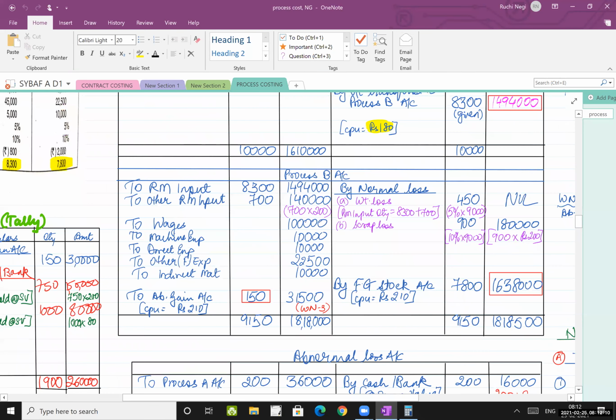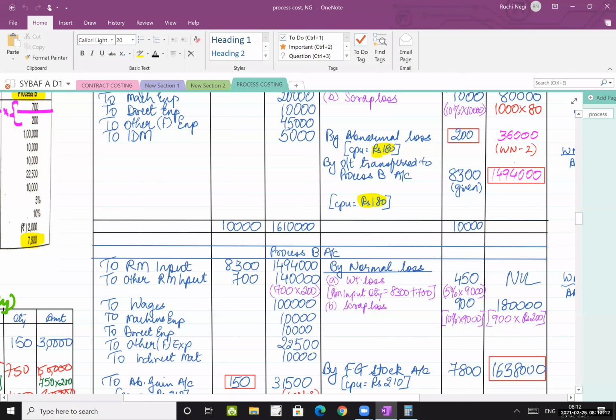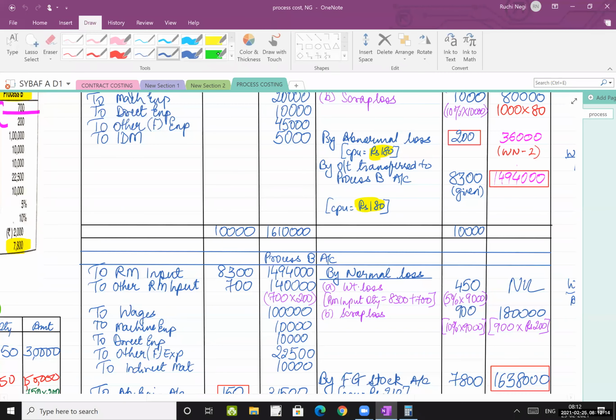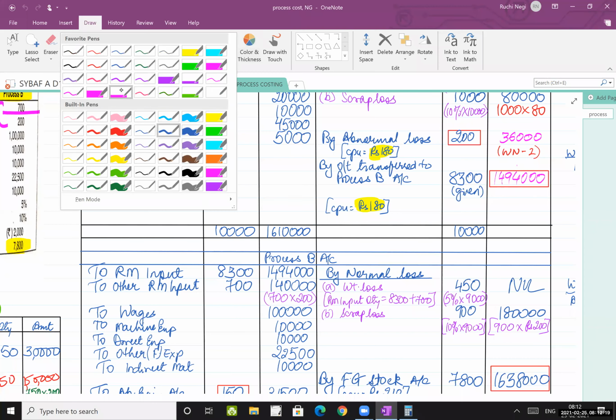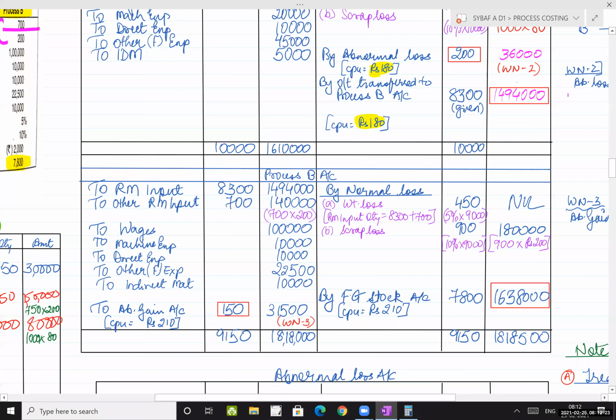Come to process B, and yes, don't forget that the output of process A is going to be the input for process B. Don't forget that one.